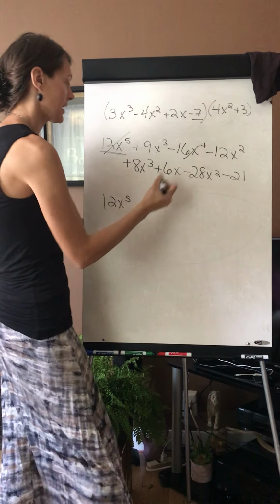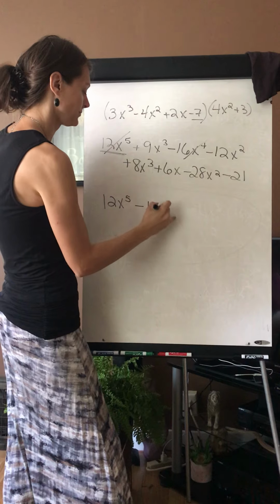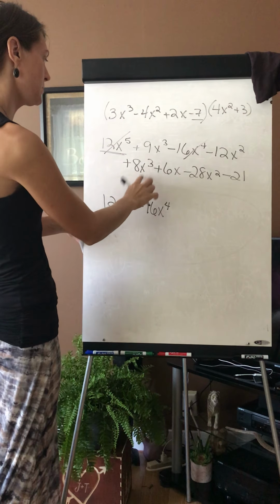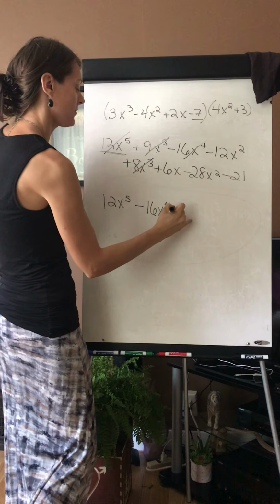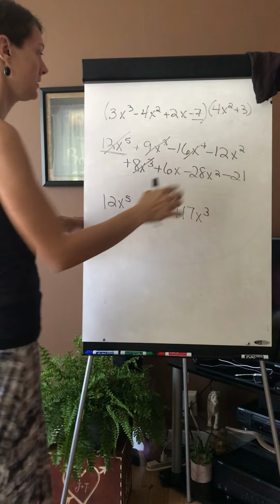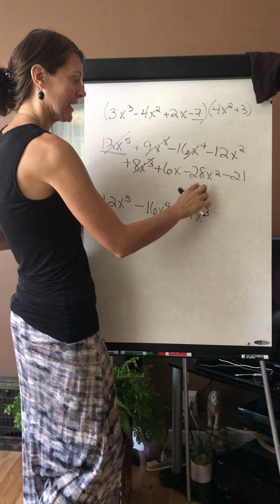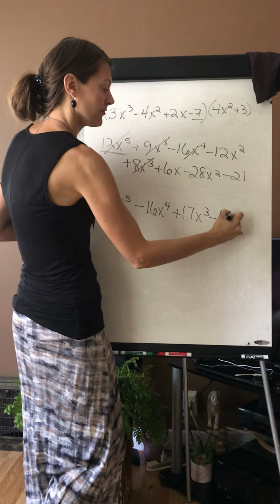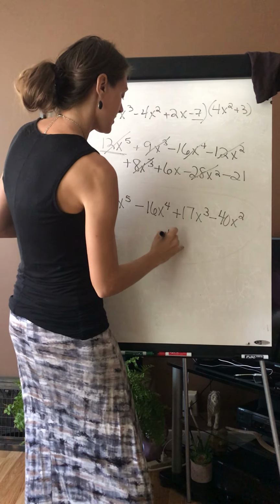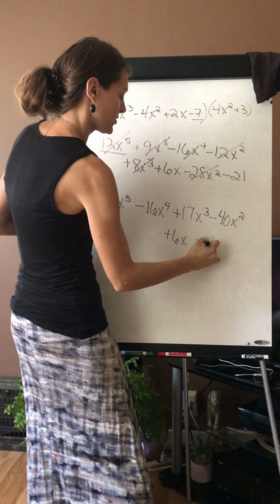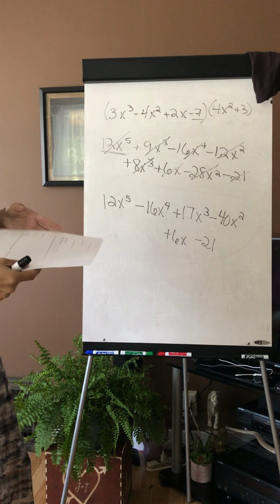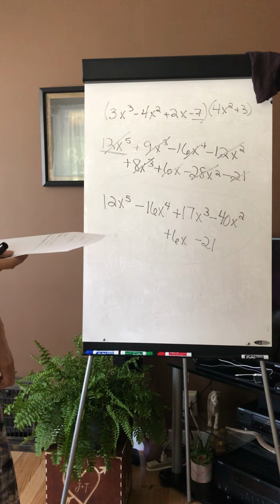So just 1x to the 4th, and then 9x cubed plus 8x cubed is 17x cubed. And then negative 12x squared, negative 28x squared is negative 40x squared. And then plus 6x minus 21. So that will be your final answer. So we actually have 6 terms.